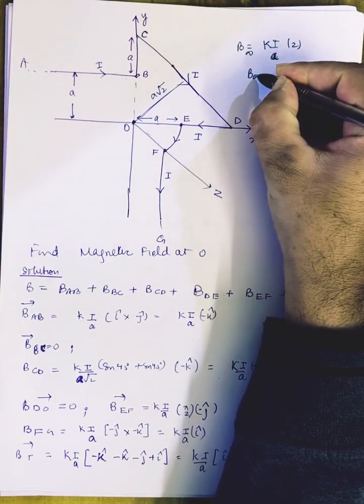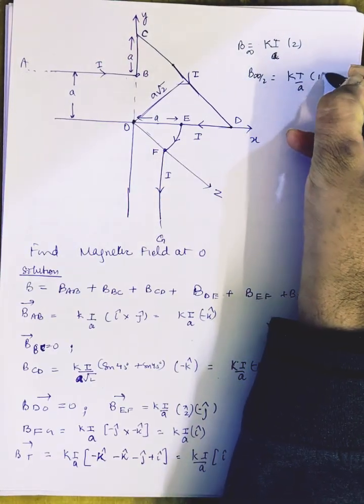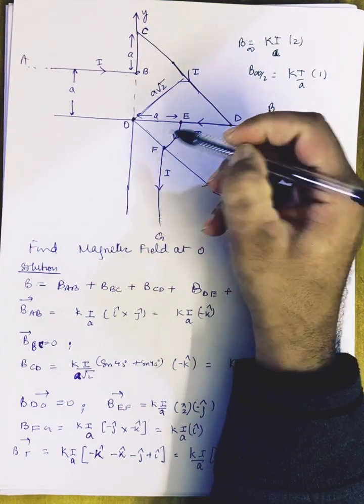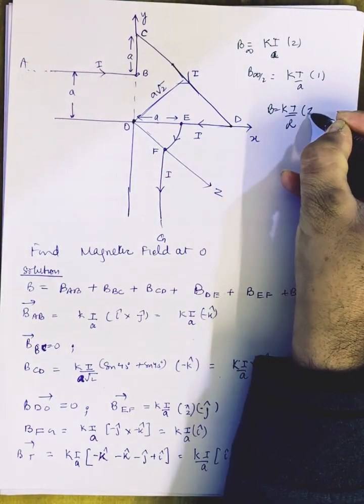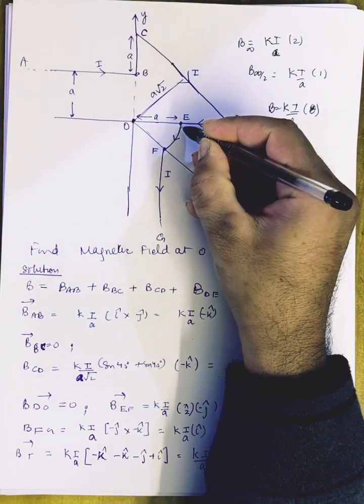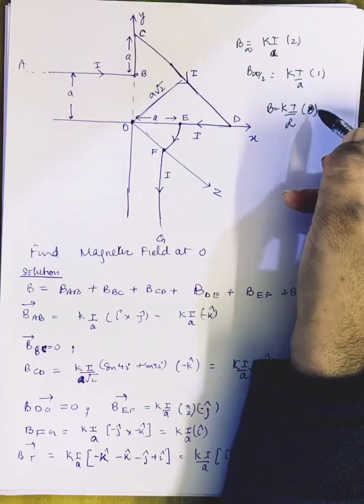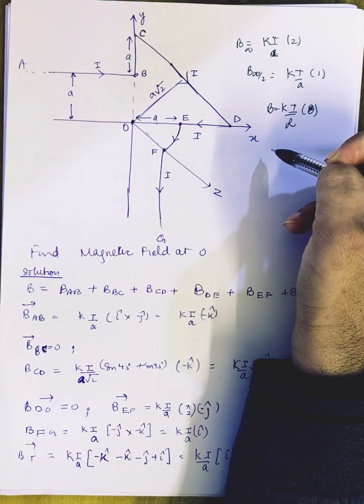If the wire is semi-infinite, then you take Ki by A into 1. And if the wire is curved like this, then it is Ki by radius into the angle subtended by the curve. Like in this case, the angle subtended is 90 degrees. So that is how you use the formula. I will be using these formulas for solving such questions.